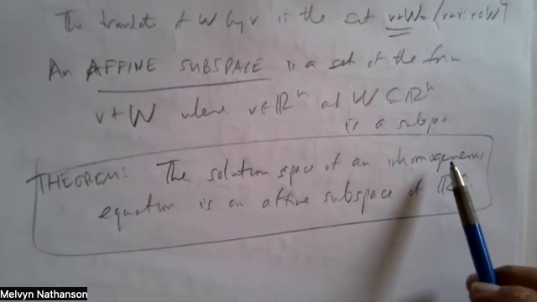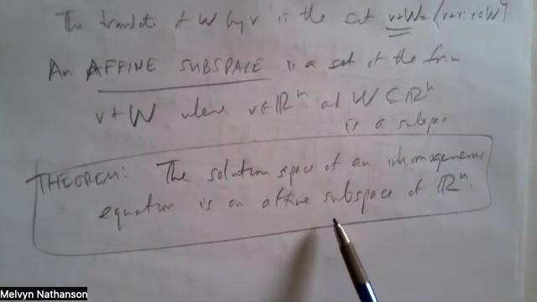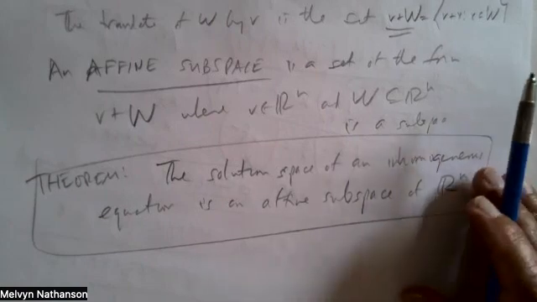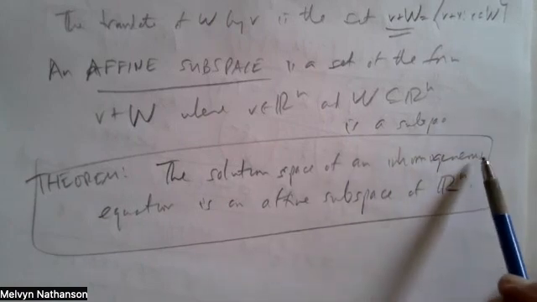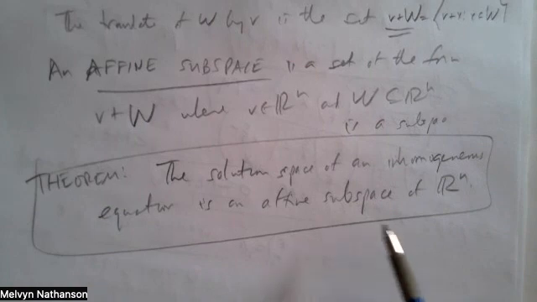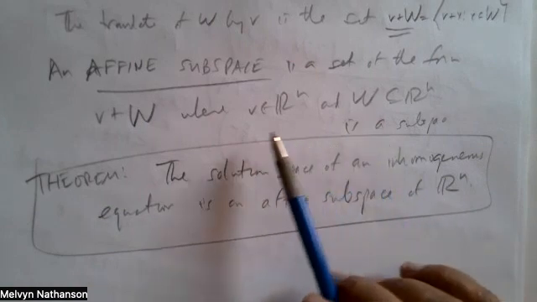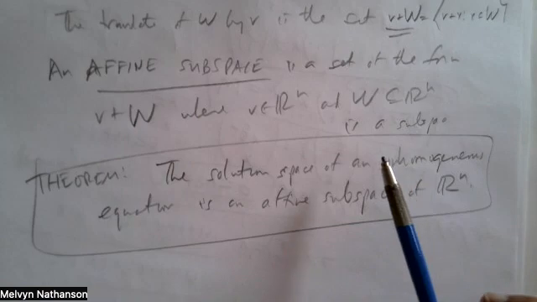The solution space of a homogeneous equation is a vector subspace of Rn. Of an inhomogeneous equation, the solution space is an affine subspace of Rn. That is a translate of a subspace.